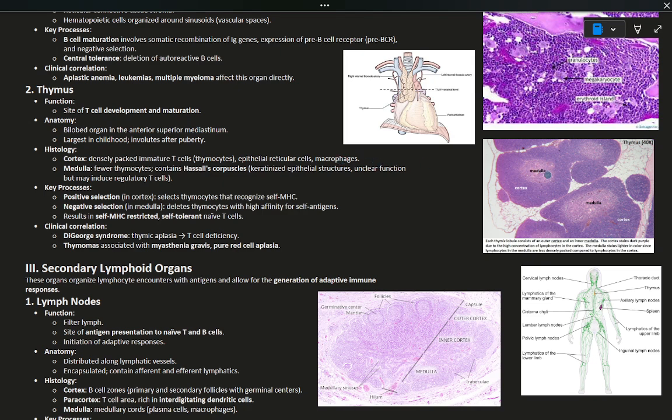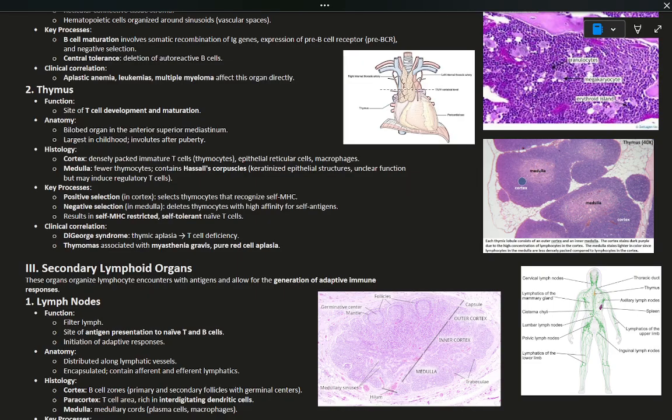This shows a histological tissue sample of the thymus, and we can see the cortex surrounding the medulla. So what is the medulla? Well, the medulla contains fewer thymocytes, and it contains what is called Hassall's corpuscles. The Hassall's corpuscles are keratinized epithelial structures with unclear function, but they may induce regulatory T cells.